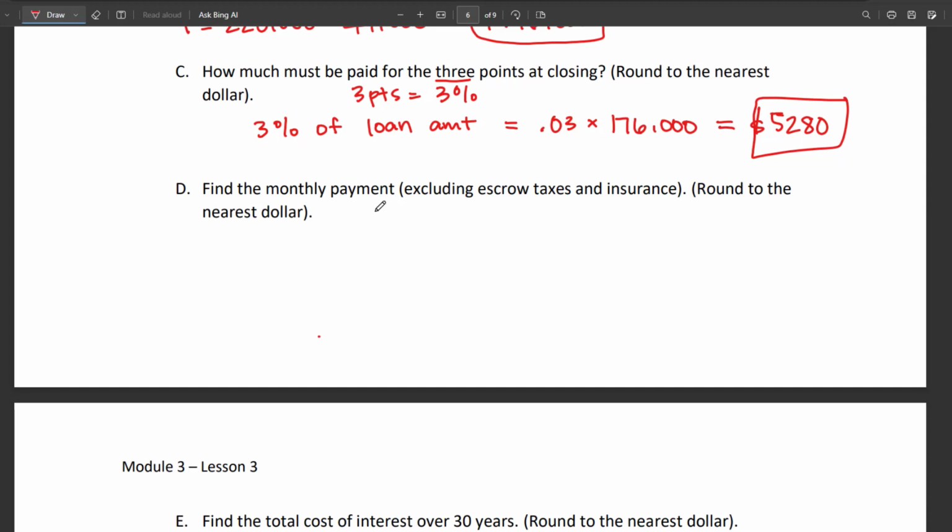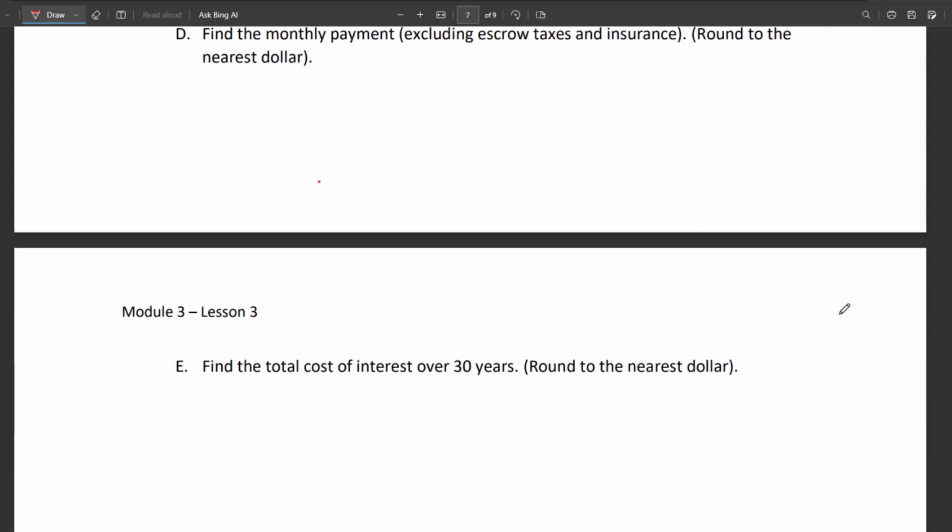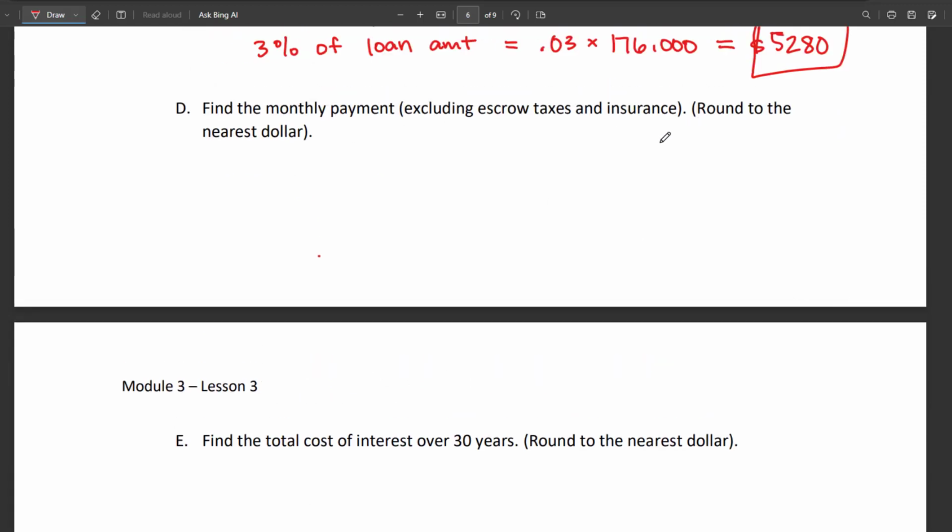This particular question, we're not doing that. And some places don't do that. They make you take care of your property taxes and your insurance. They'll just make sure that you send them a copy of your house insurance, and they'll work with your insurance agent. So we're only finding the monthly payment of our loan. We're not worrying about taxes or insurance.